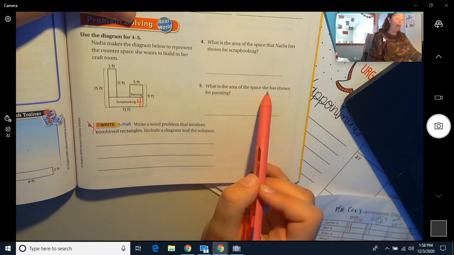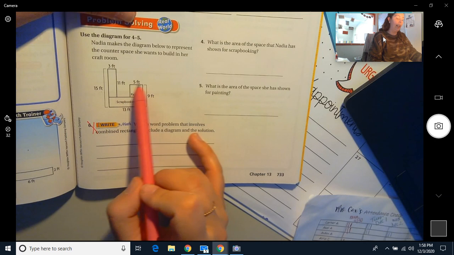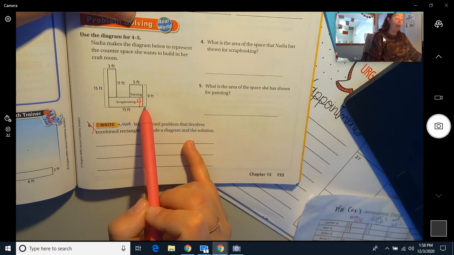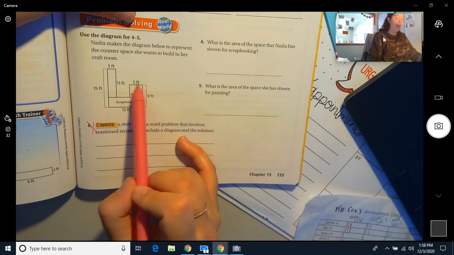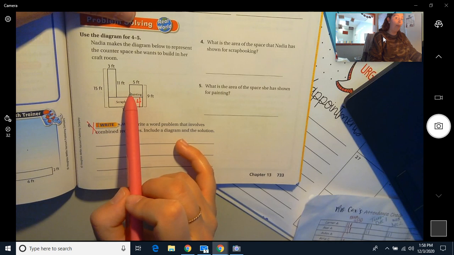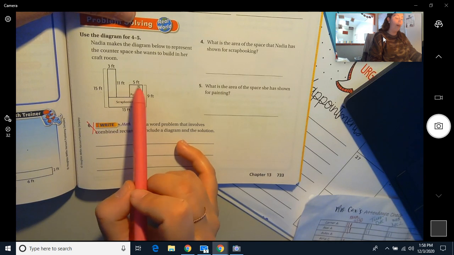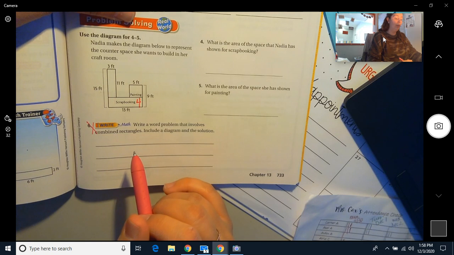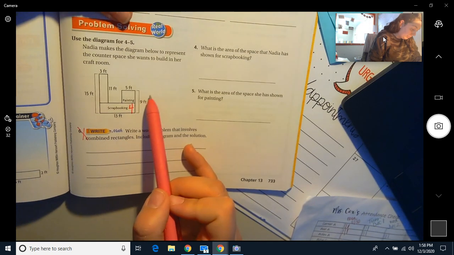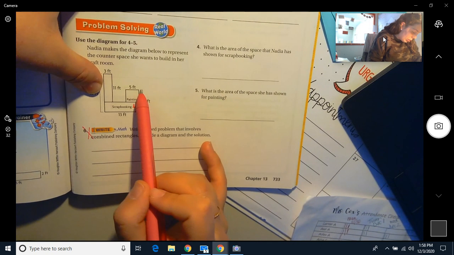What is the area of the space she has shown for painting? That's this section here. I know the base. I don't know the height. I need to subtract this from 5 to get my height because this is a square. So that means 5, 5, 5, 5 is my, well, maybe not. Sorry. Let's look. I'm trying to think.